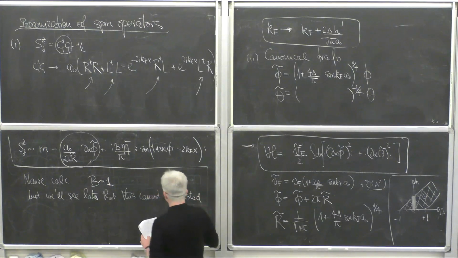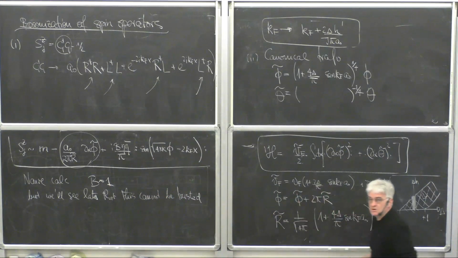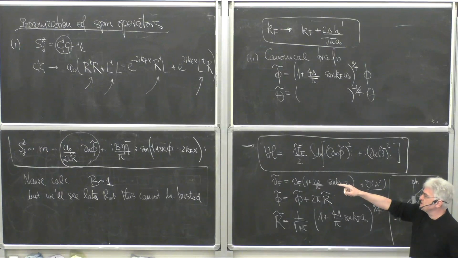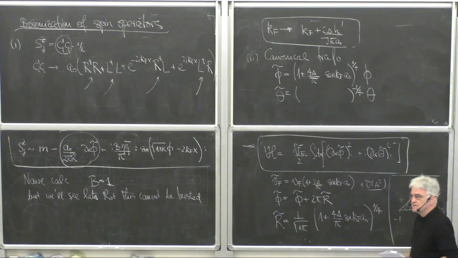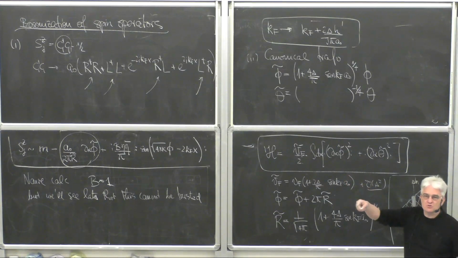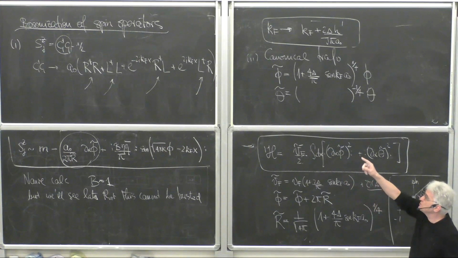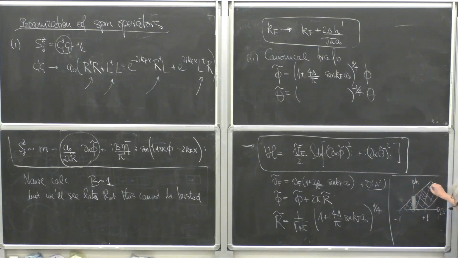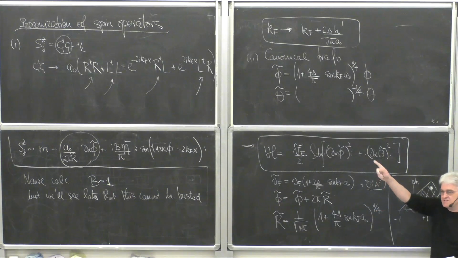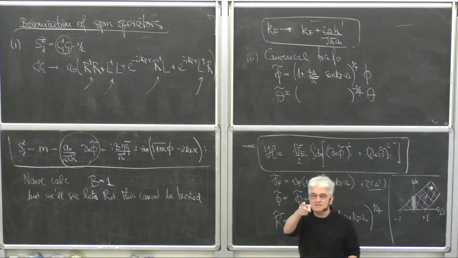In general, this is another non-universal piece of information. It's actually known how to compute this for the spin-half chain, but if you want to know what it is at this point in the phase diagram, you cannot compute it in this simple way as we have done it.